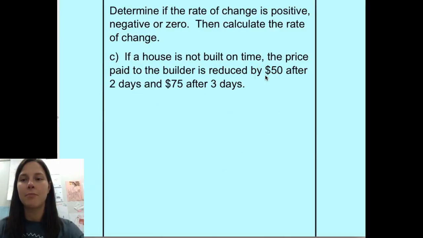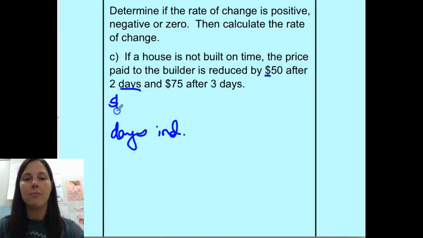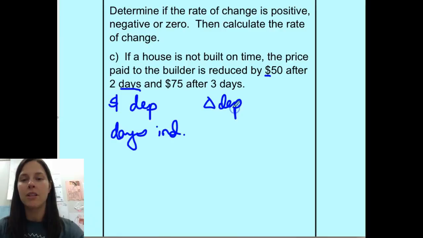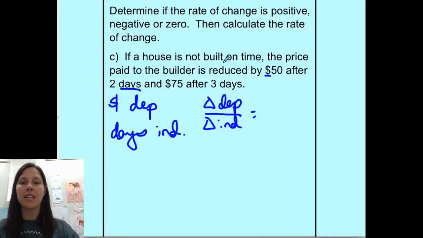And our last example, we have the price changing and the days changing. Days is time, so that would be our independent variable, leaving money to be our dependent variable. So we're going to figure out the change in the dependent variable over the change in the independent variable. This one is very tricky to set up because it has this word reduced in here, which means the price paid to the builder is going down.